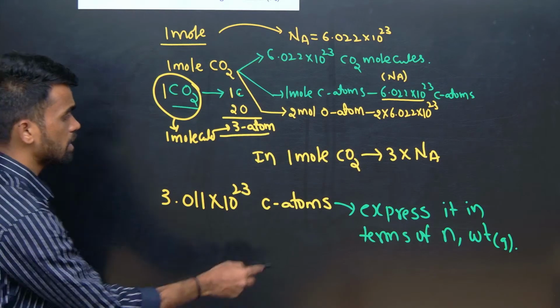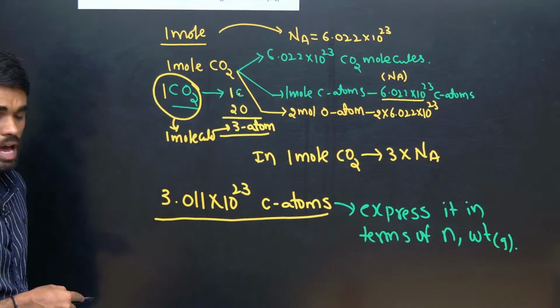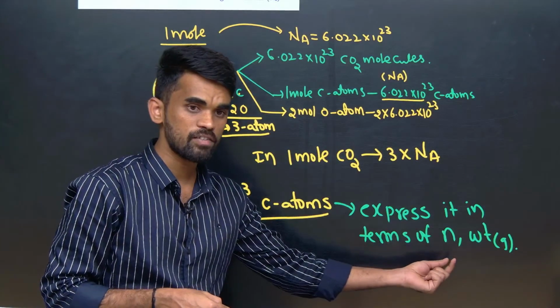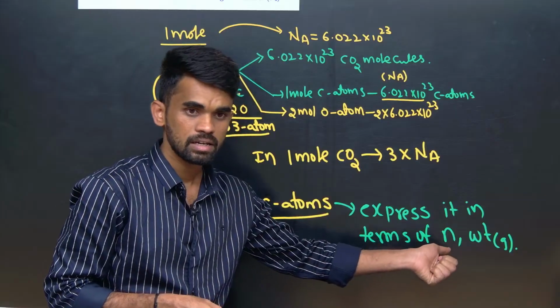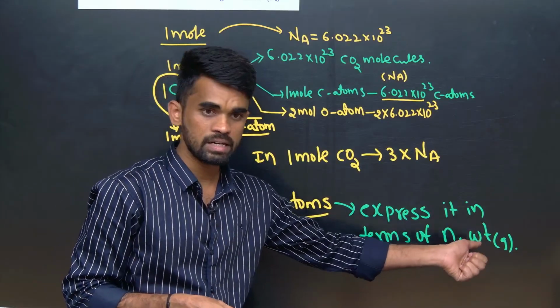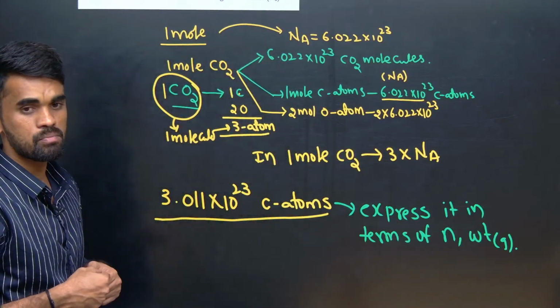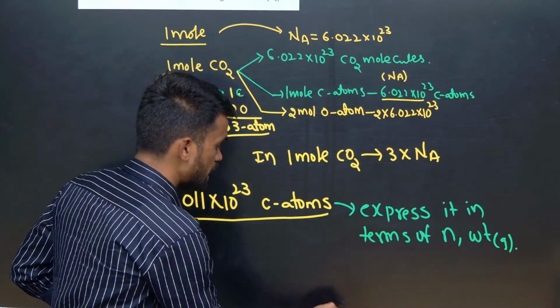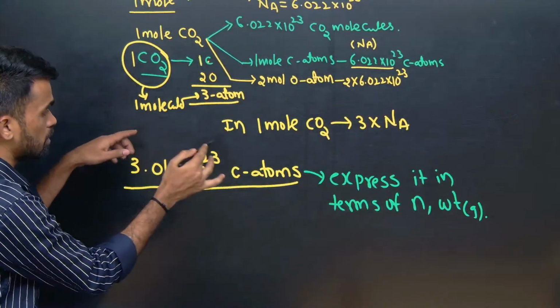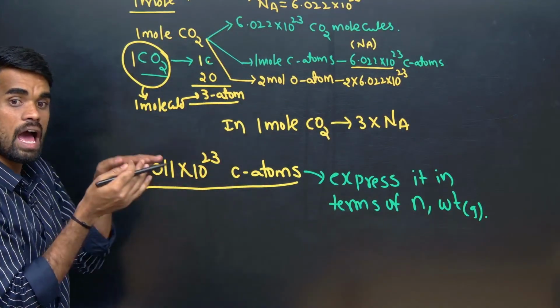What I have given is the number of carbon atoms. I am asking you to find the number of moles. n represents number of moles, and wt represents weight. How can we do this? Very easy. First, whatever number they have given, relate it to the Avogadro number.